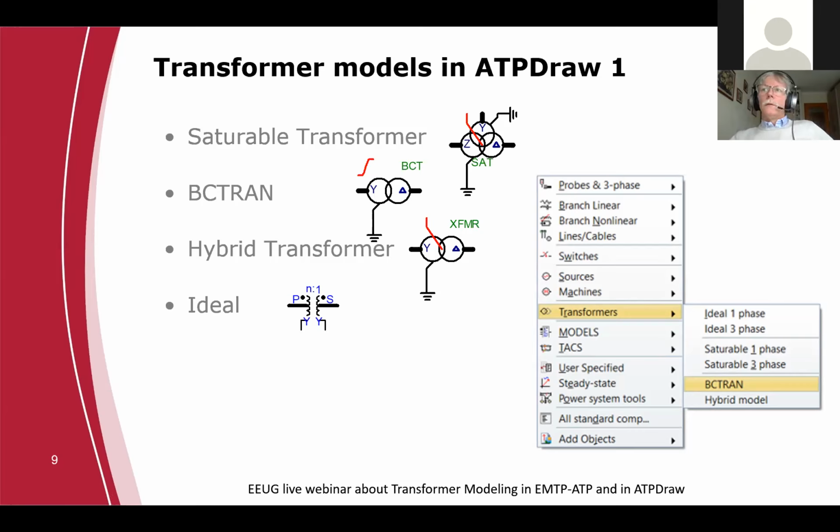Now we will concentrate more on the BCTRAN or hybrid transformer model and say some words about the saturable transformer model. I myself don't like the ideal single or three-phase model because it's more mathematical than physical. Sometimes it works perfectly, sometimes it produces some strange behavior.